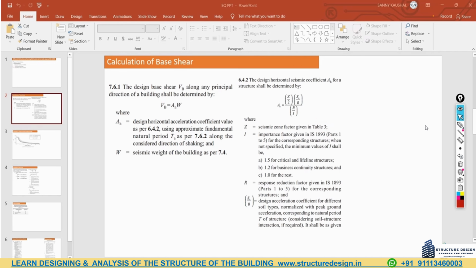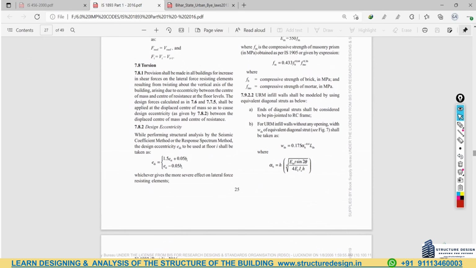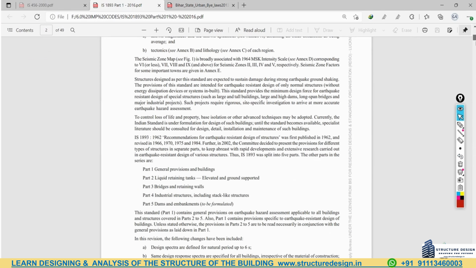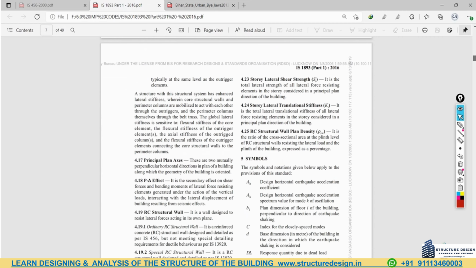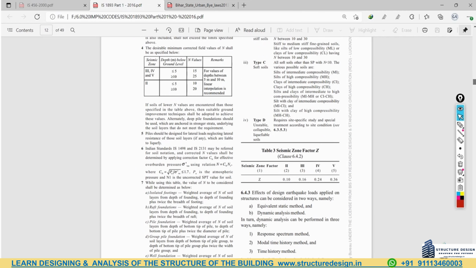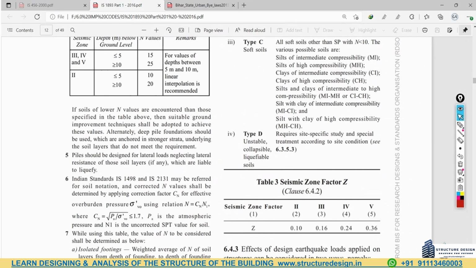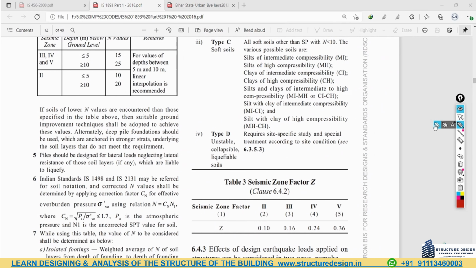So if you open your IS 1893 code and open Table number 3, let me open that table. If you look at this table, you will find the seismic zone factor.